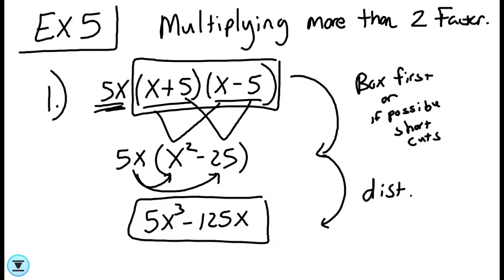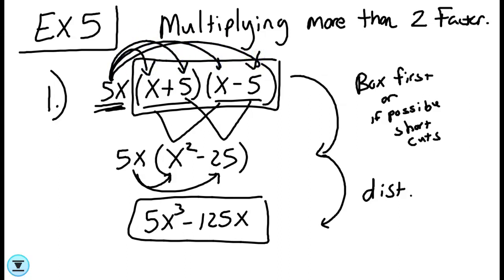Okay? So do the box method first, or if possible, the shortcut. So definitely start with shortcuts first if you can, but if that doesn't work, then do a box method if you have to. But distribution should be last. Now let me tell you what the mistake is that students make with distribution when you have this situation. Students, when they distribute, well, don't write this because I definitely don't want this on your paper, but students will distribute it like this, but then they'll also distribute it to the other one.